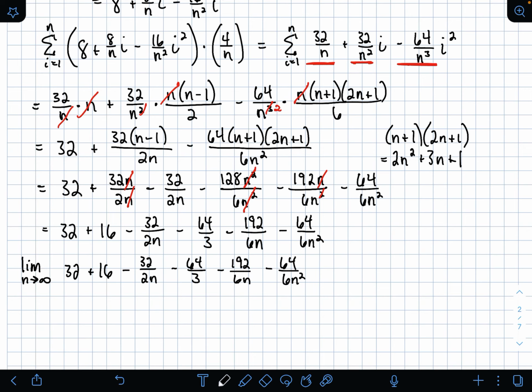The two important limit concepts here are that the limit of a constant is that constant, regardless of what the variable is approaching. It could be n approaching infinity, it could be n approaching a finite value like 0 or 5 or negative 8. It could be a different variable entirely, it doesn't matter. The limit of a constant is the constant.